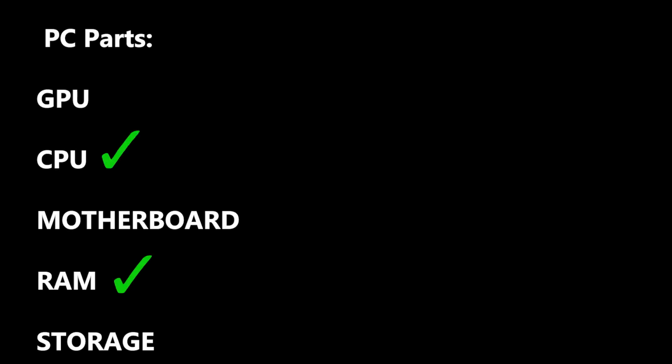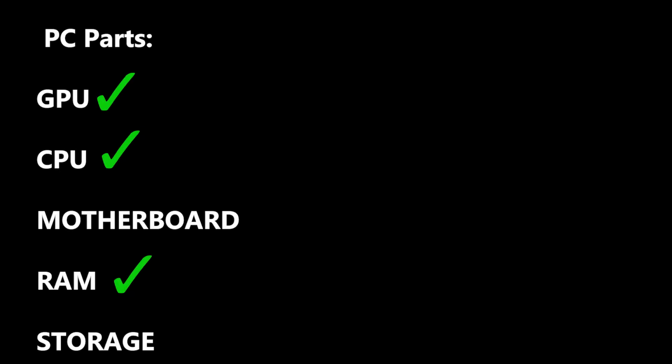When looking for PC parts, there are many components like the GPU, the CPU, the motherboard, the RAM, storage, and so on. But I think I would focus on three things: the RAM, the CPU, and the GPU.